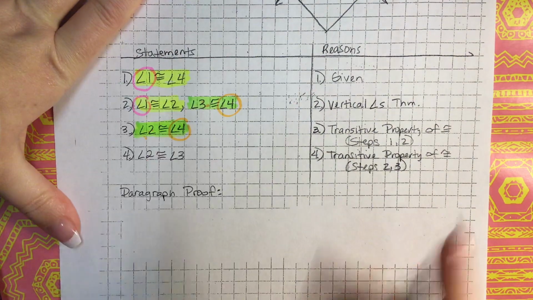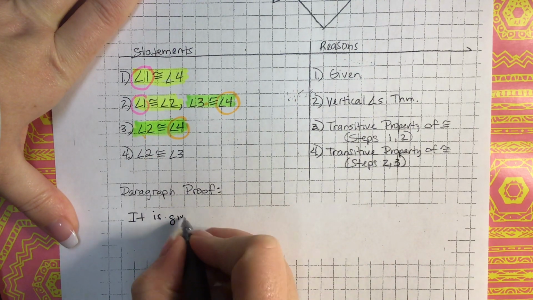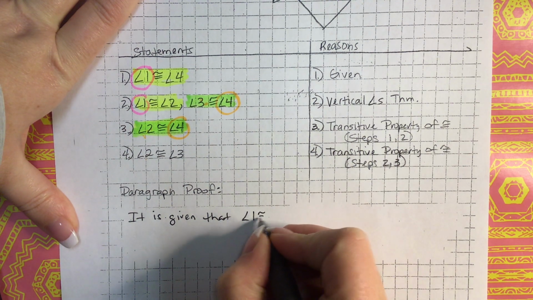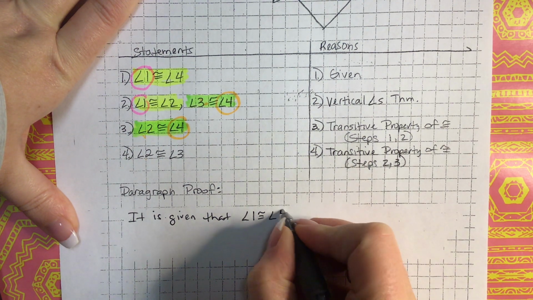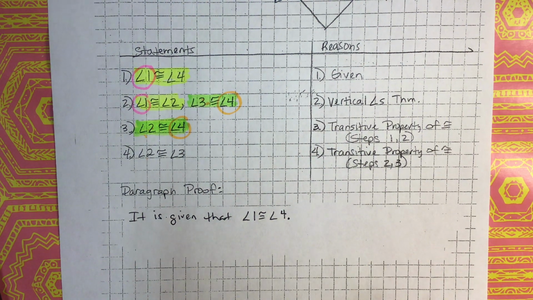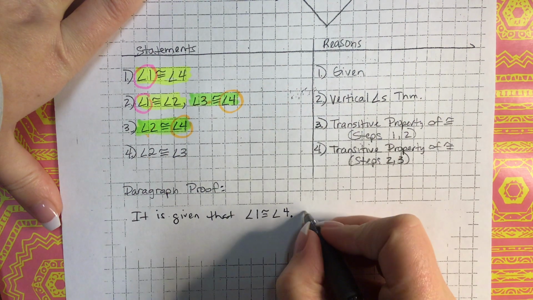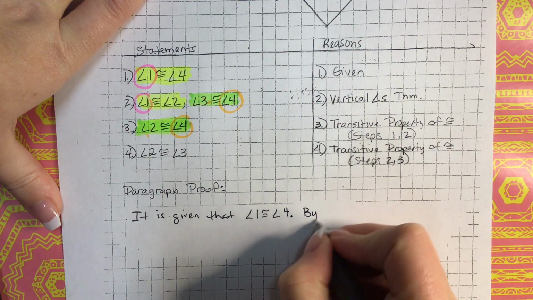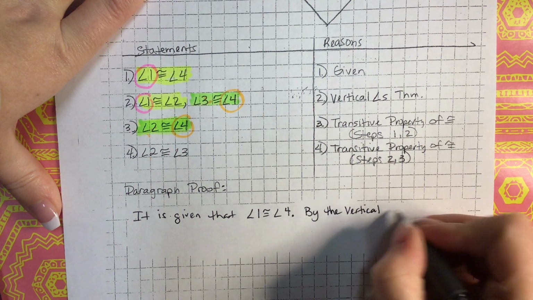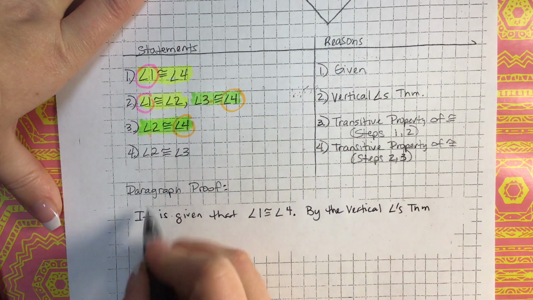So the first thing we're going to say is, it is given that angle 1 is congruent to angle 4. All right. Then we can say, by the vertical angles theorem, and then we can just put all of this.